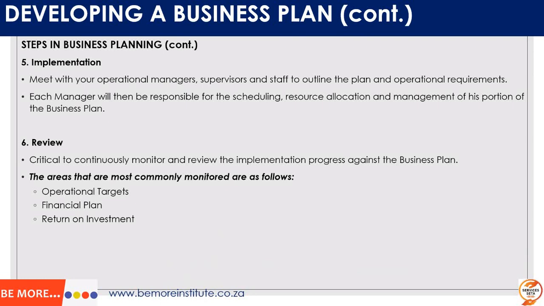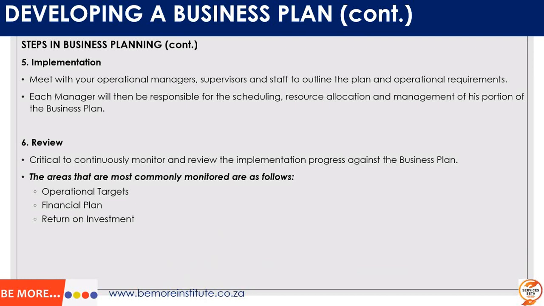What is important, like we've just said, is to always monitor and review the progress. Just because it's a 12-month business plan, operational plan or strategic plan, it is usually monitored monthly by the managers in their monthly meetings, and then quarterly the board will come on board and look at the progress, looking at all the various aspects of the business to make sure that everything is working hand in glove.